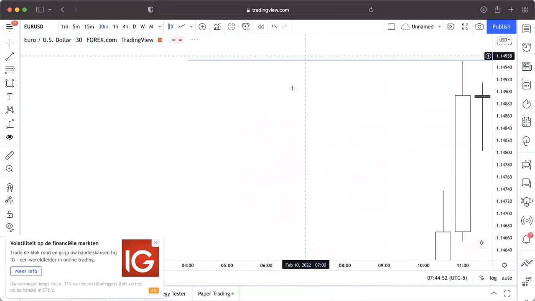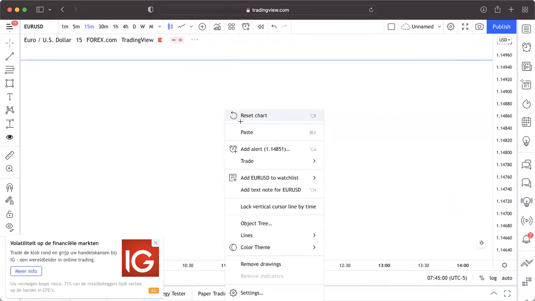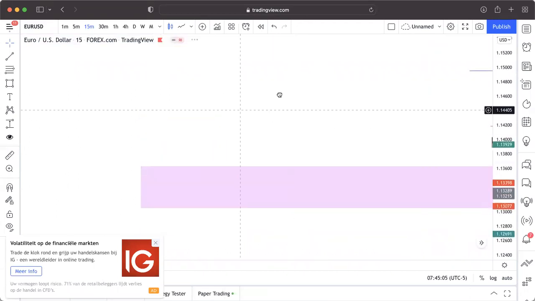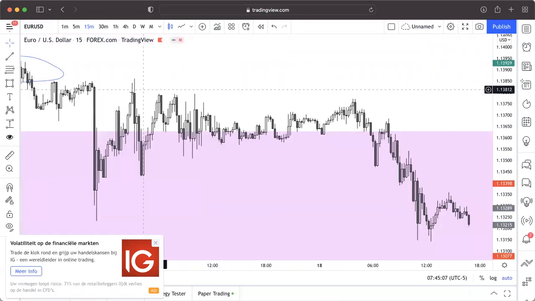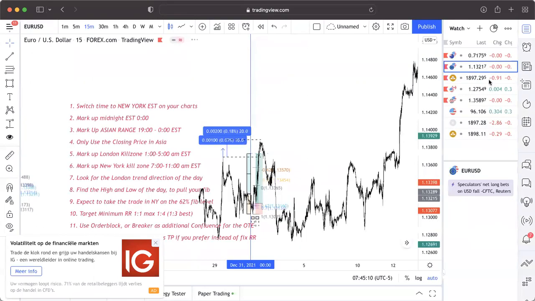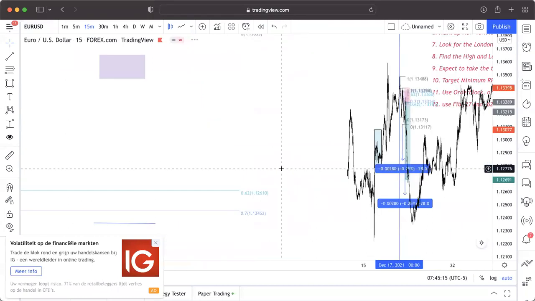Also, if anybody missed the last community call, I can show you a pretty nice example why I'm teaching to use the Asia range from the bodies. Maybe we can see it. It's somewhere here.